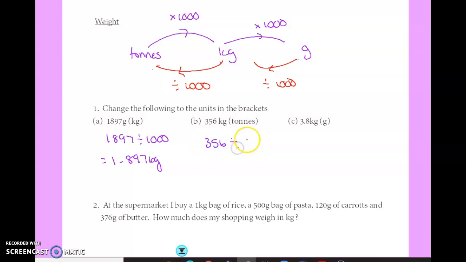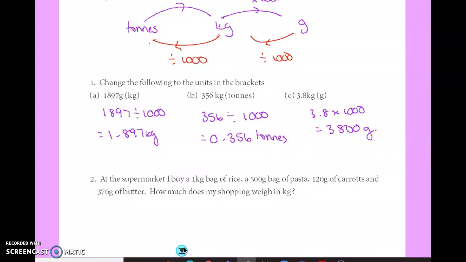So 356 divided by 1,000 will be 0.356 tonnes. And the last one, 3.8 kilograms to grams. Kilograms to grams, I'm timesing by 1,000, which is 3,800 grams.